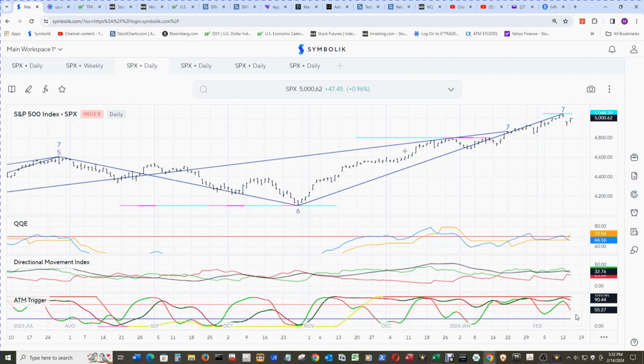And the ATM fast trigger is headed down. It went below its overbought line here, and the ATM slow trigger is leaning that way. So let's see if the fast can make its dip under the oversold and then back up and keep the ATM slow trigger above the overbought line.